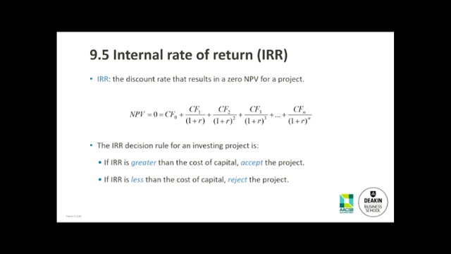Does this make sense for you? Internal rate of return is a break-even rate. By using this break-even rate to discount your future cash flow, it will give you 0 NPV. That is internal rate of return. Get it? I have my initial investment $10. I have my future cash flows. The internal rate of return is a discount rate that will just give me 0 NPV.